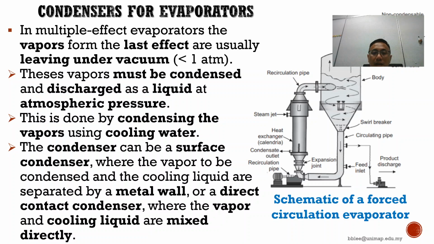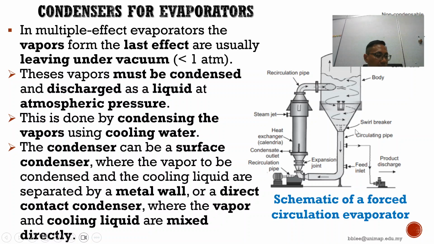The condenser can be a surface condenser, where the vapor to be condensed and the cooling liquid are separated by a metal wall, or a direct contact condenser, where the vapor and cooling liquid are mixed directly. So this is a forced circulation evaporator.